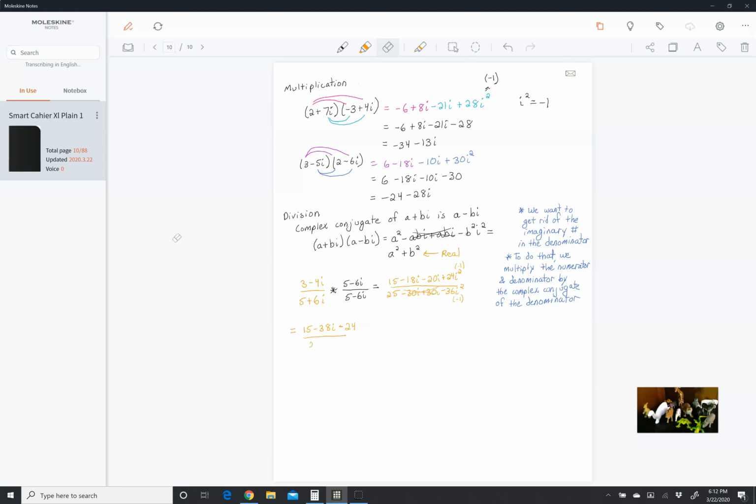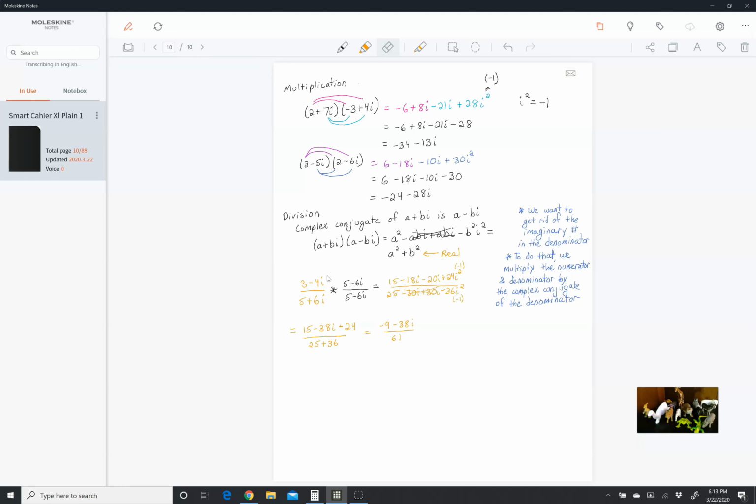And then on bottom, we got that 25 plus 36, which is the a squared plus b squared that we had. Now we just subtract. So 15 minus 24 is negative 9 minus 38i over 25 plus 36 is 61.